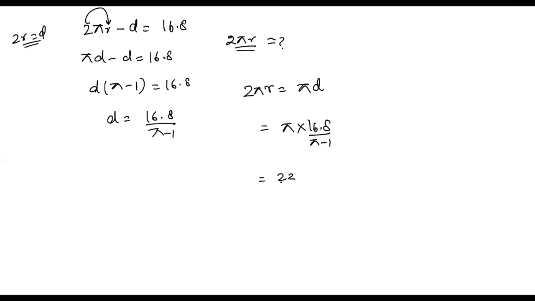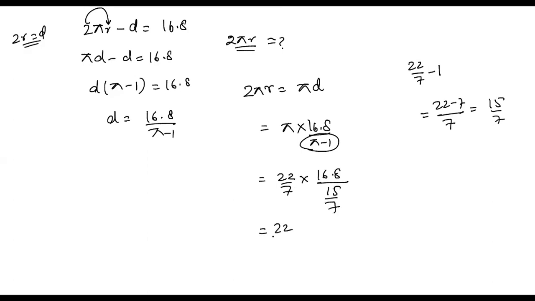That is 22 by 7 into 16.8 upon 22 by 7 minus 1. How much will you get? I'm just calculating the denominator: 22 minus 7, so you will get 15 upon 7.